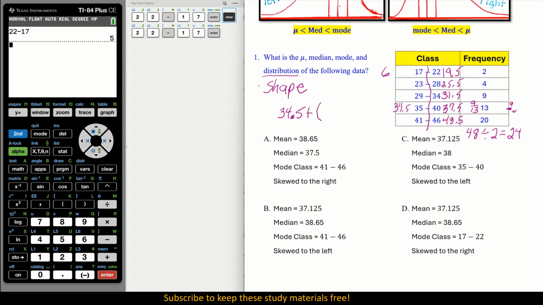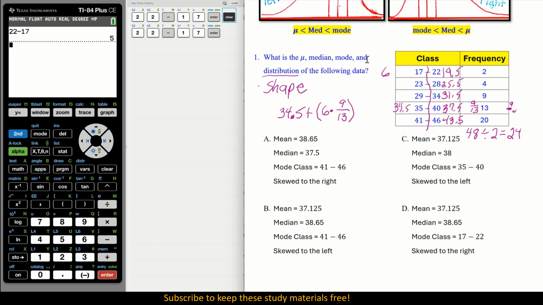Then I add that to my width times 9 over 13. Put that in my calculator, and that's going to be, oh, okay, just give me a sec.